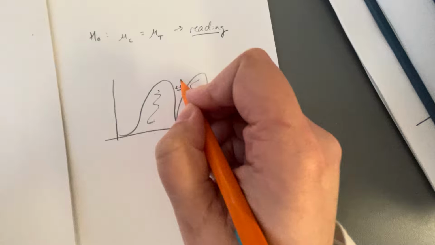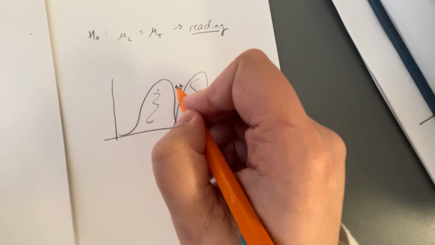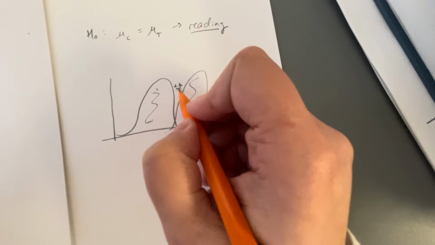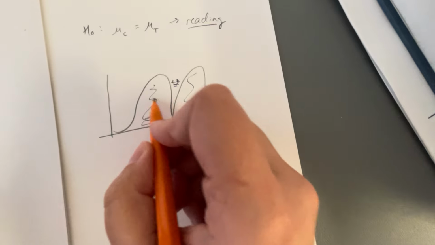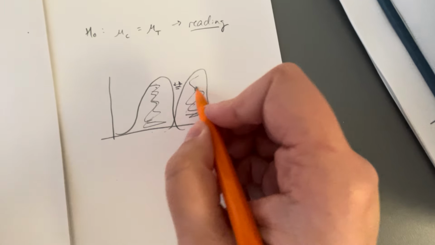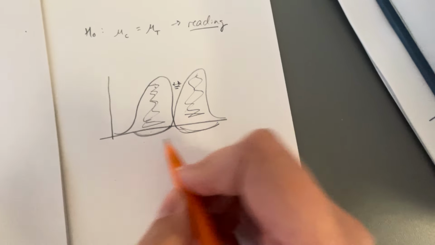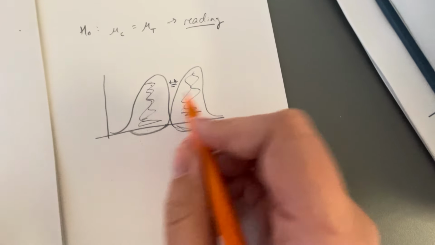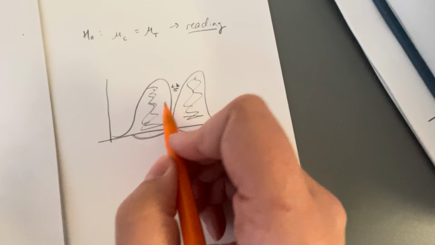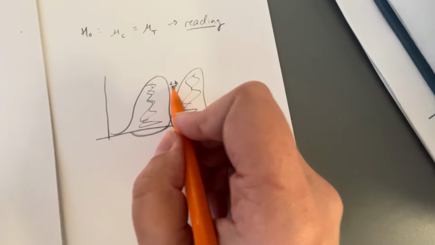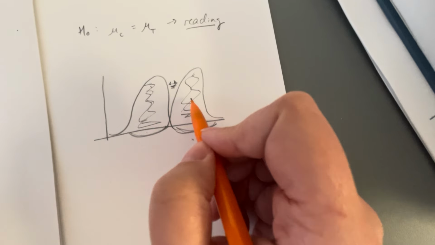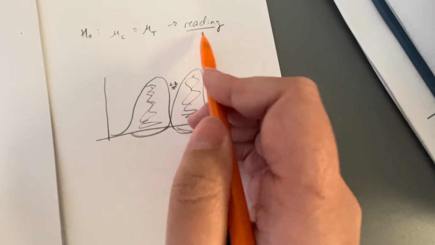This area here is the between groups understanding. And then the within groups is the error. That's how spread the distributions are for these two groups, and we have to account for that error to understand if they actually are significantly different.